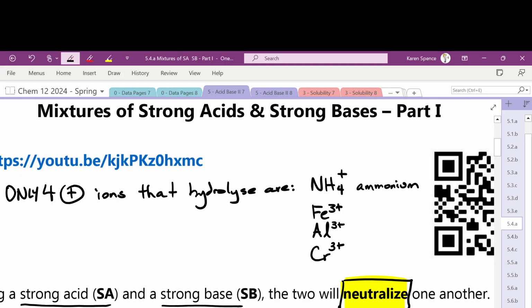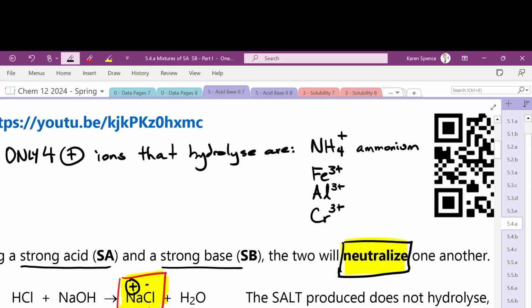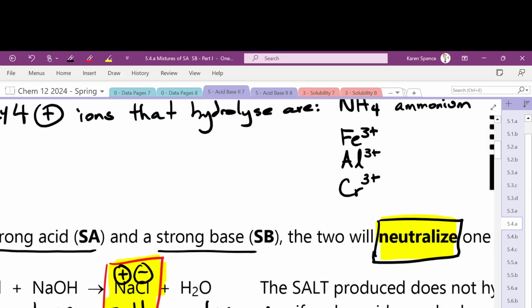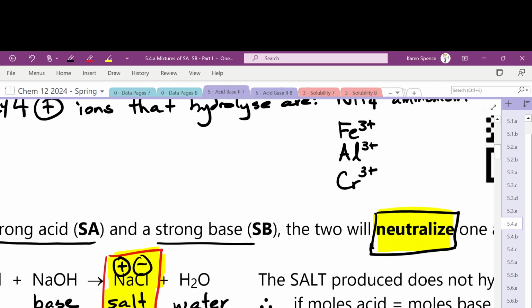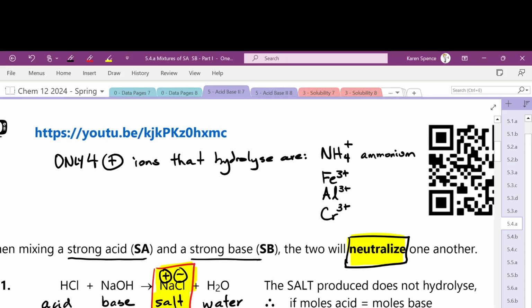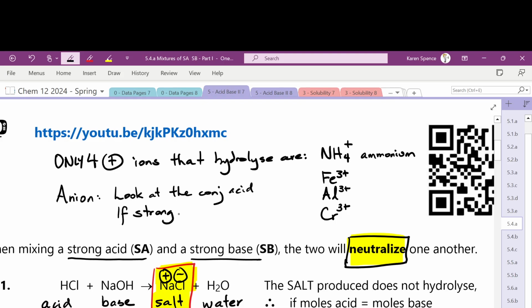So will the sodium ion hydrolyze? No. Now we need to look at the other ion, which is the chloride ion. So you have to look at both the positive ion and the negative ion. Does the chloride ion hydrolyze? If you have an anion, look at the conjugate acid. If it's strong, do you get hydrolysis? No. No hydrolysis.